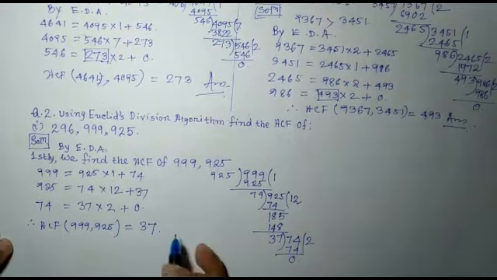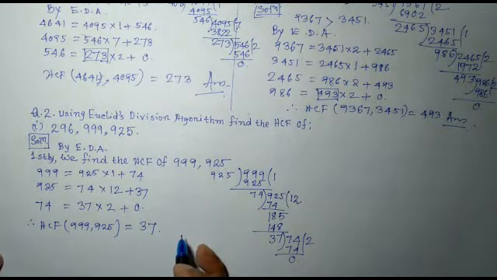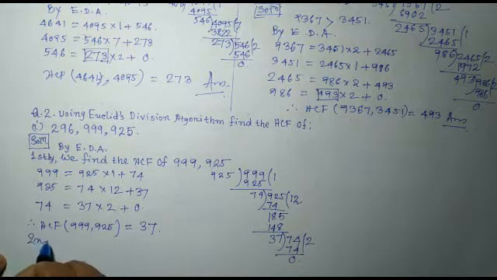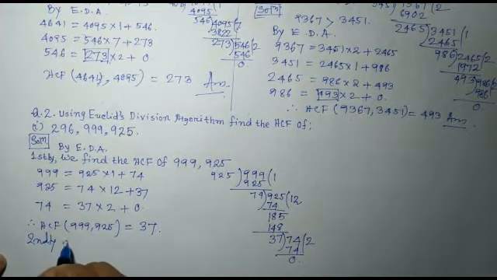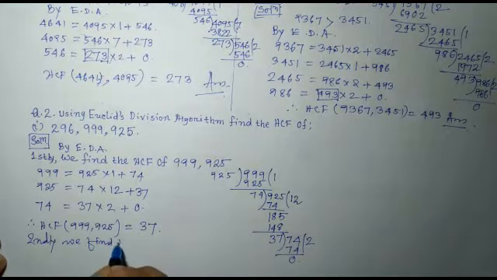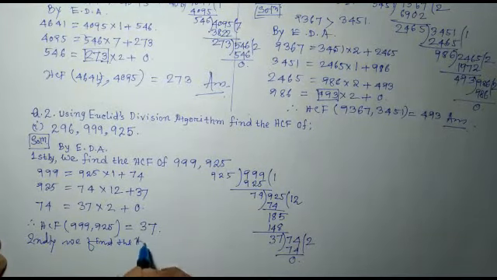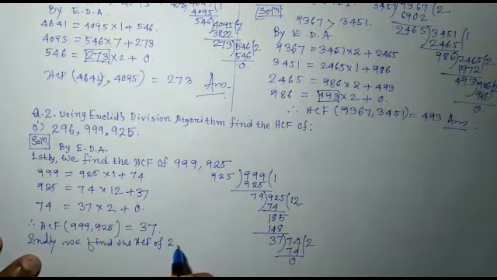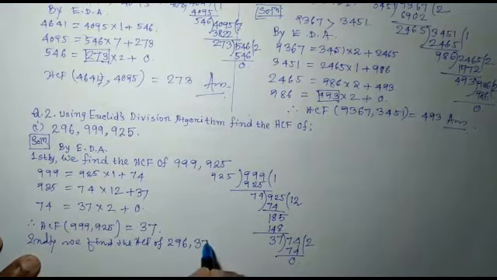Then second, we have to find the H.C.F of the first number and 37. So we write here, secondly, we find the H.C.F of the first number 296 and this 37.